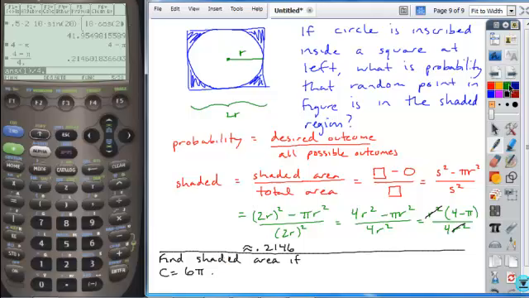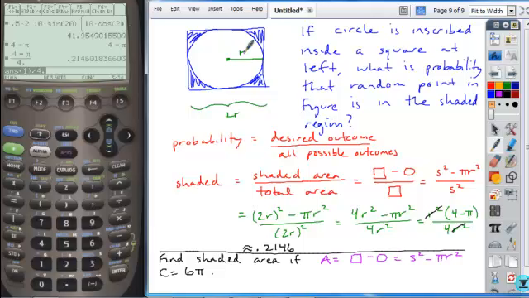If I had actually given you a number and asked you to calculate it, really the setup would be very, very similar to this. The shaded area itself is the square minus the circle, which would be s squared minus pi r squared.